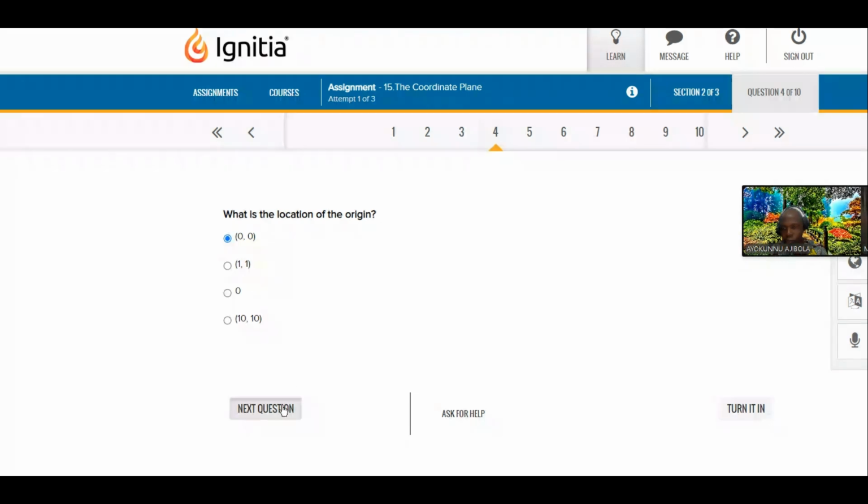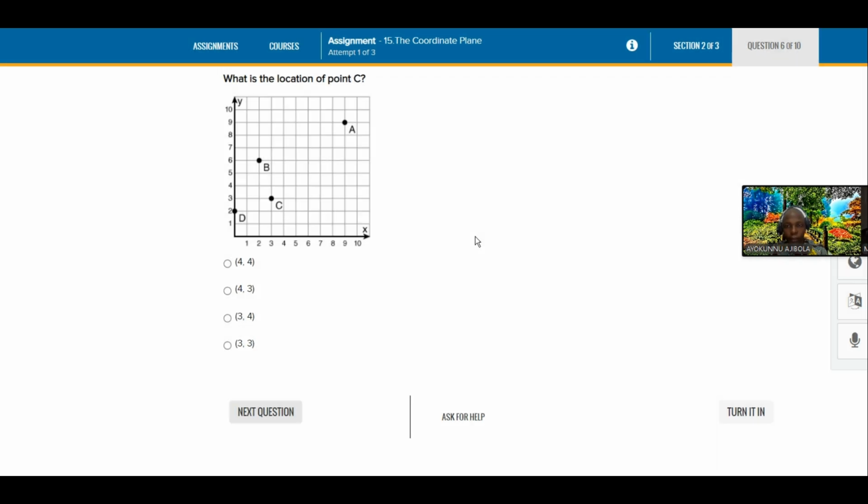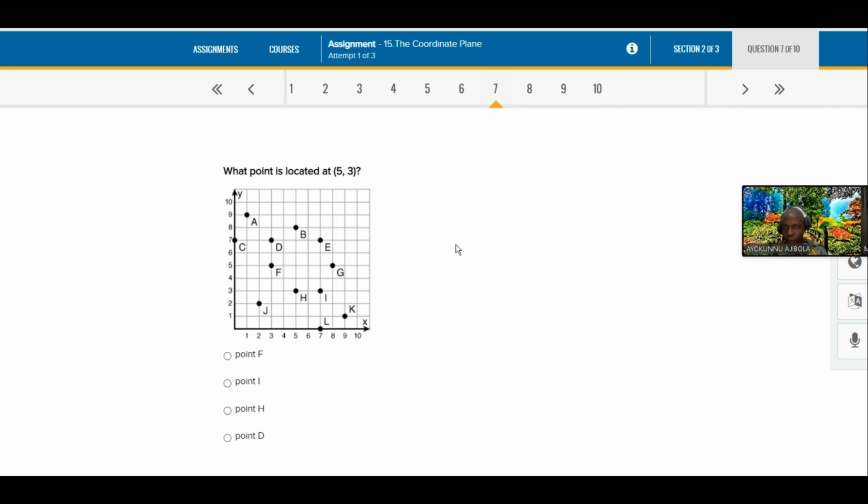Yes, I have seen it. Then point A is on 9, comma 9. Then point C is on 3, comma 3. The point at 5, comma 3 is H.